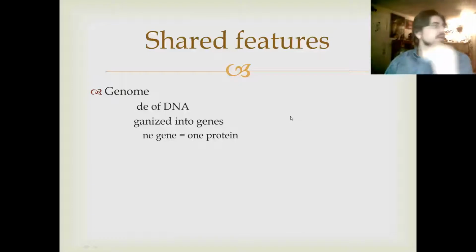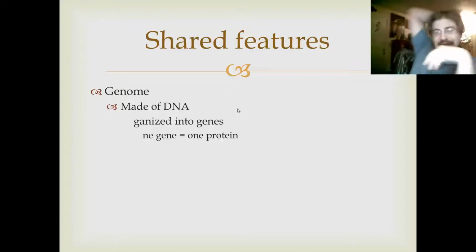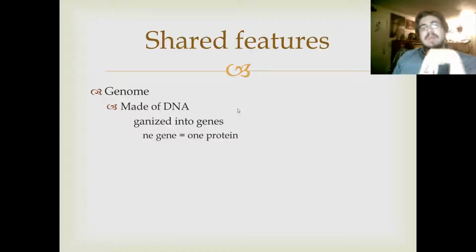So, the organism's genome is made of DNA. The genome is its genetic, the total of all its genetic information. That is the genome. All of the organism's DNA in a cell makes up its genome. DNA is organized into genes, and one gene equals one protein.